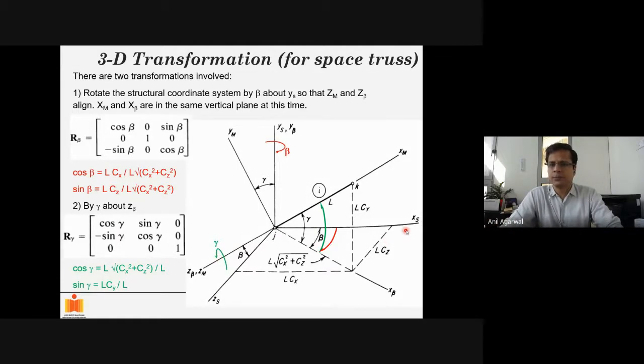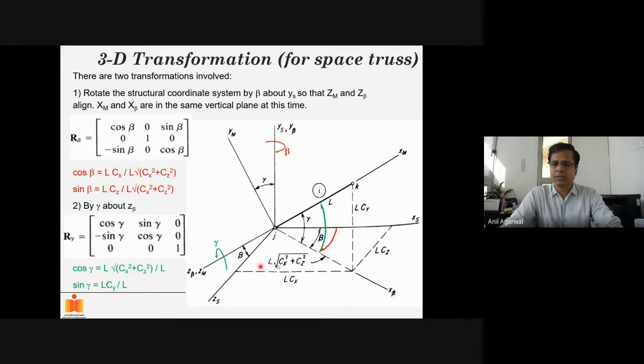The question was, when I rotate the coordinate system about ys by an angle beta, my xs comes right under xm, and we call that x beta. After the beta transformation, the r beta transformation, my x beta is right below xm.